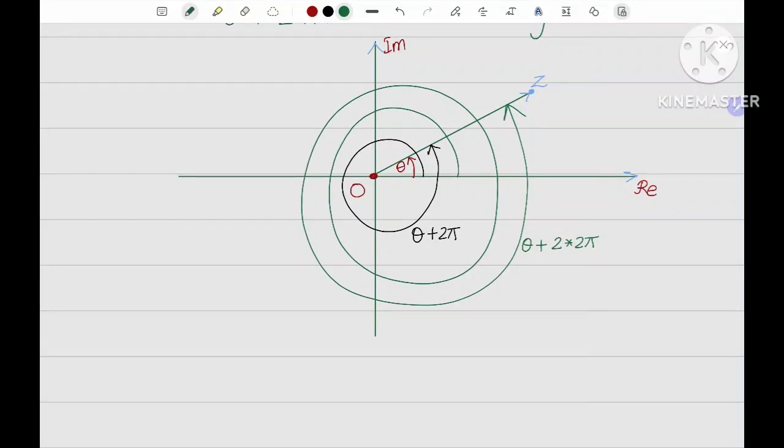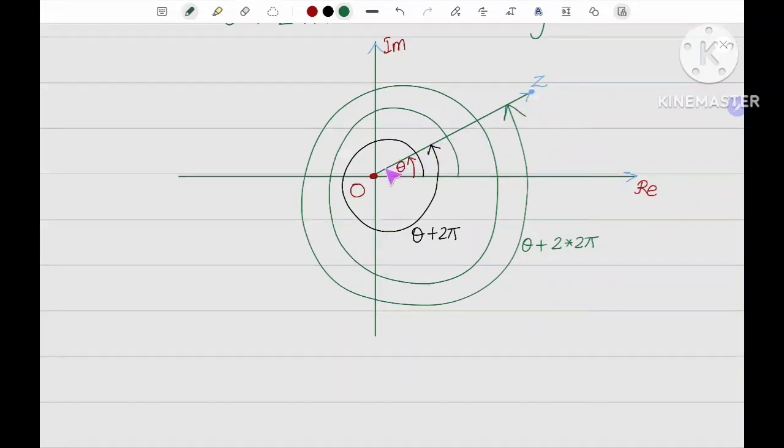So similarly, I can add 2 pi to that argument, that is just adding one circle, so that will not make any difference to the measurement of theta. I will still reach this line, right?